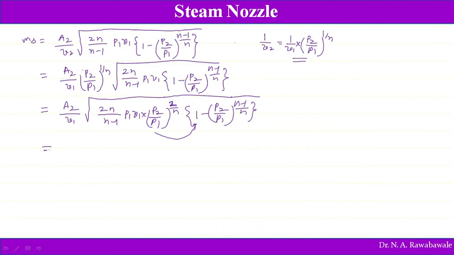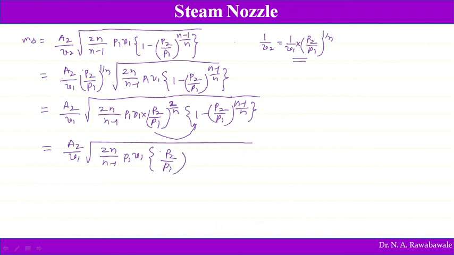So now this p2 divided by p1 is transferred into this bracket. Again this a2 divided by v1 is written as it is, square root of 2n divided by n minus 1 p1 v1 as it is. Then transferring this (p2 divided by p1) to the power of 2 by n, multiplying it with 1, this becomes (p2 divided by p1) to the power of 2 divided by n.